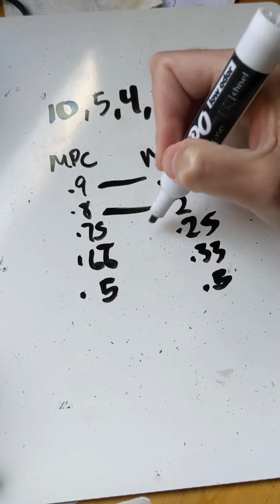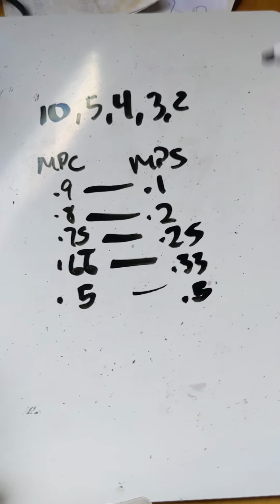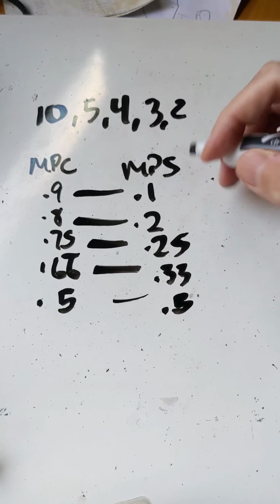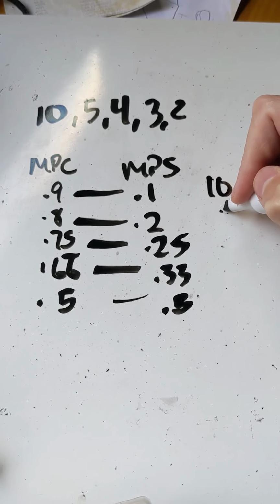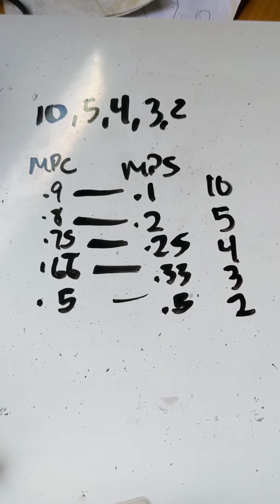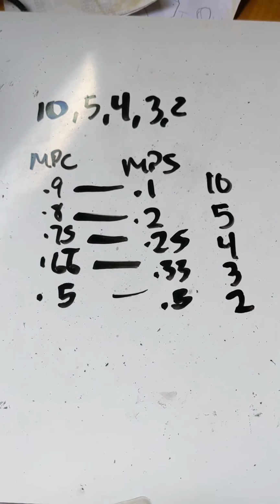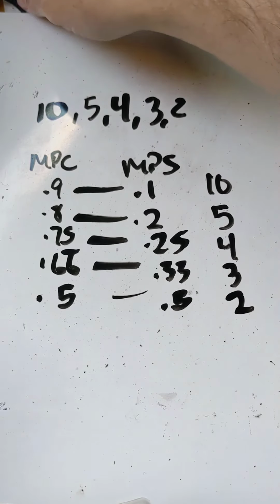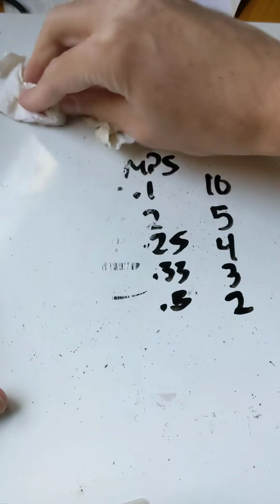So these correlate to these. If you do 1 over any of these MPS, you get a multiplier of 10, 5, 4, 3, and 2. Those are the easy numbers. The rest of the numbers, you get decimals and just gross stuff. You don't want that.